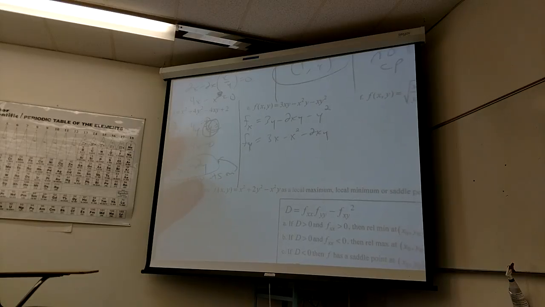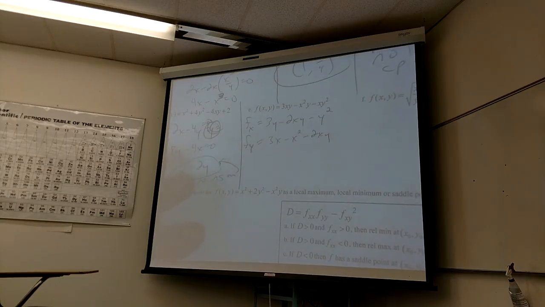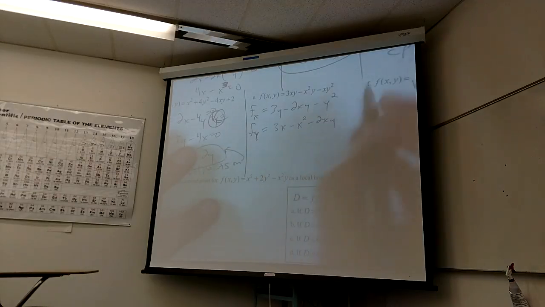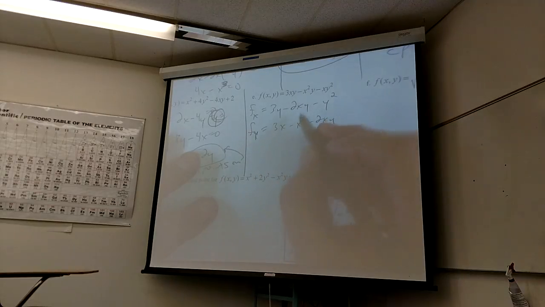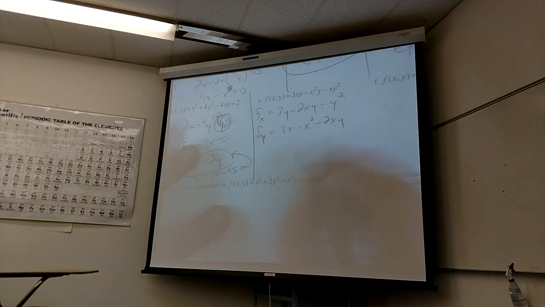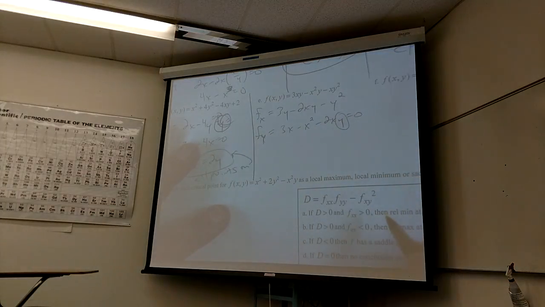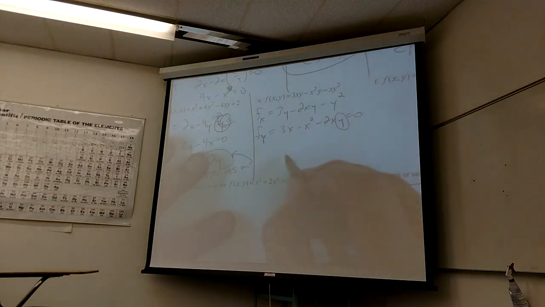Now there's a couple ways to do this, and it's kind of a mixture of the ways. So you can take fx and factor it. If you try to set this equal to 0, I can solve for y in a way, so you've got to be careful. I would get y equals, if I divide by 2x, 3x minus x squared over 2x.